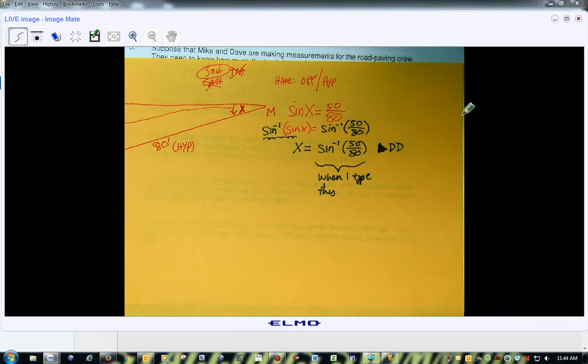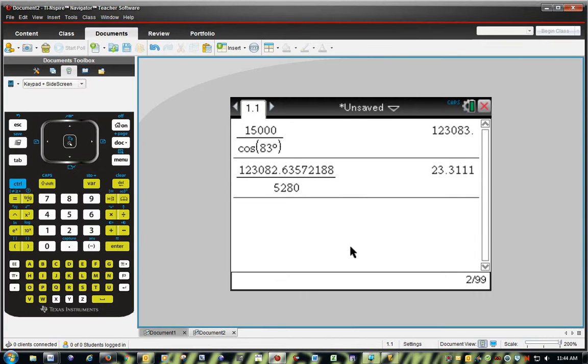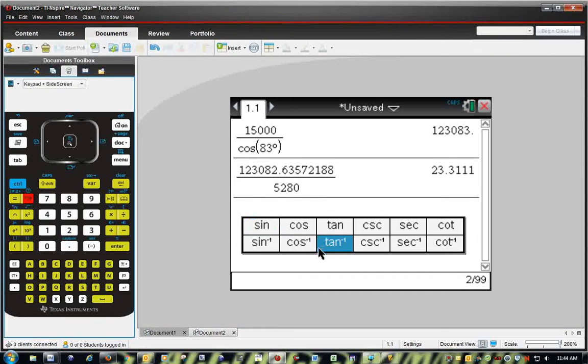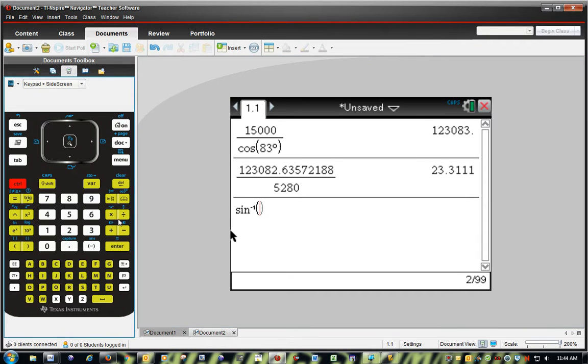So that's what we want to do. We go to our calculator, and we go to trig. We go sine. I'm going to put in a fraction, 50 over 80.